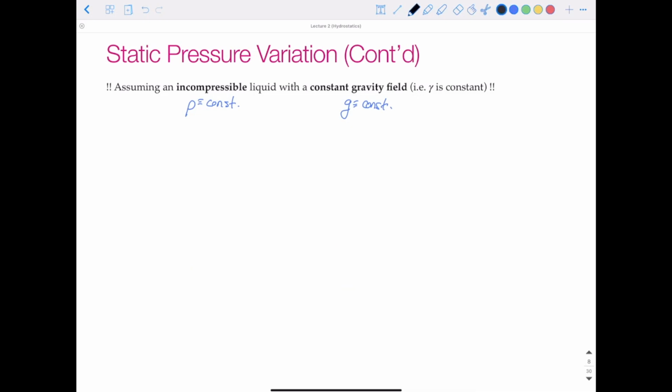From that equation, we can write the pressure difference between any 2 points, P2 and P1, is equal to the negative integral from point 1 to point 2 of the specific weight times dz. And for a constant case, this becomes P2 minus P1 is equal to negative gamma times the z position, Z2 minus Z1.